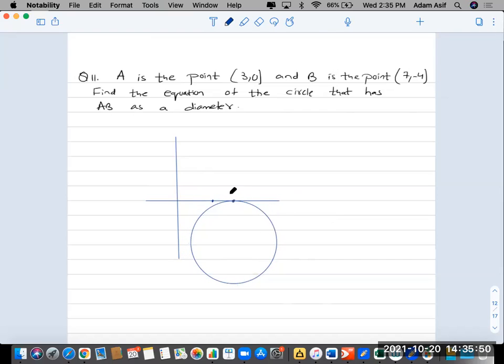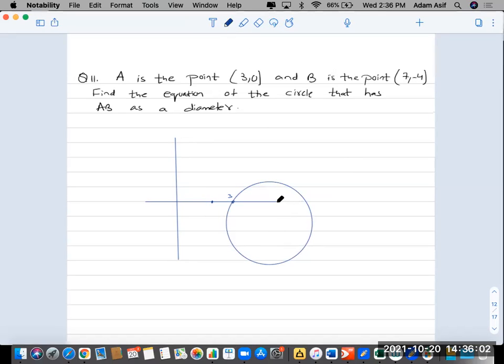Okay, let's say this is 3, 0. You're not supposed to sketch the graph, okay? But I'm just doing it for your understanding. 7, -4. Let's say this is point A and this is point B. And AB serves as a diameter.